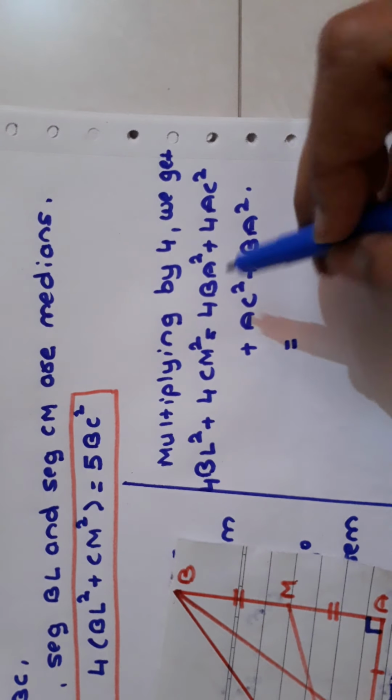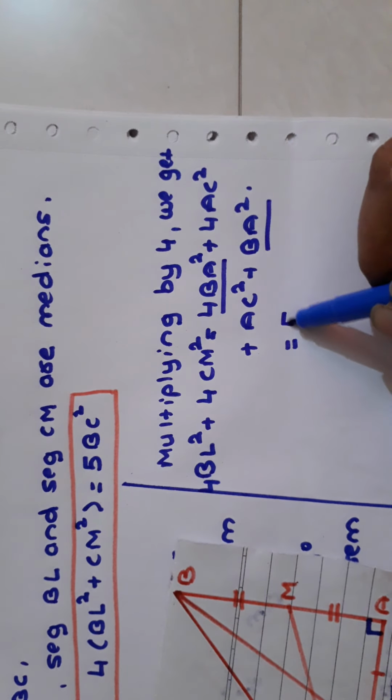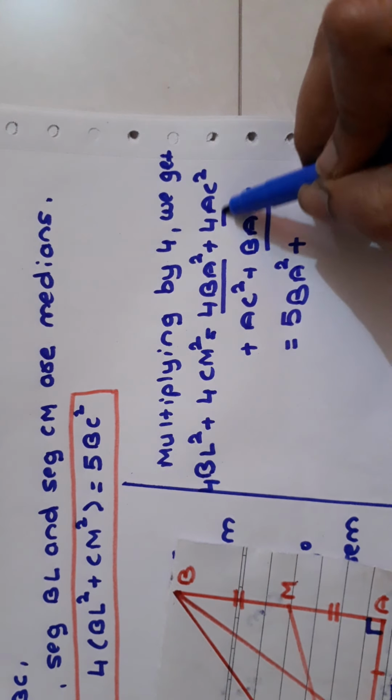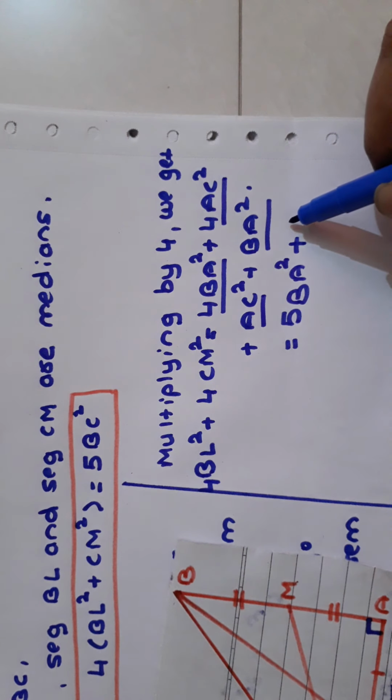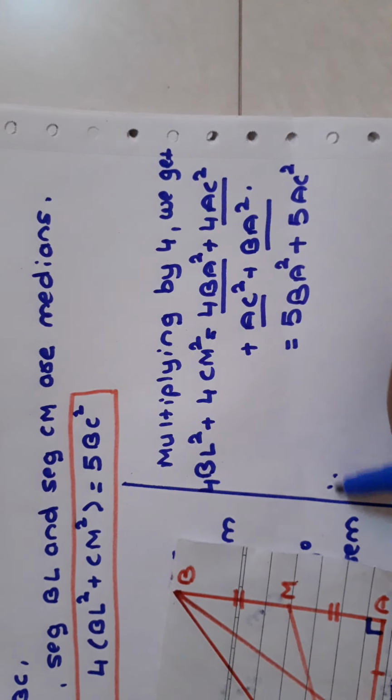Now pair up the like terms. 4 BA square plus BA square is 5 times BA square. 4 AC square plus AC square is 5 times AC square. So therefore, 4 is common in both the terms.